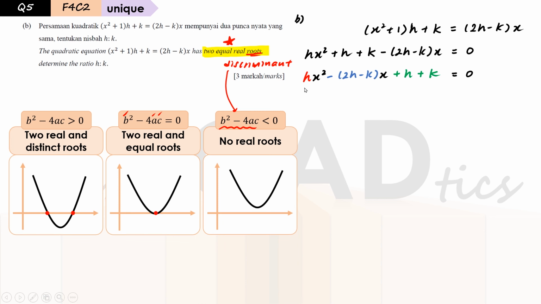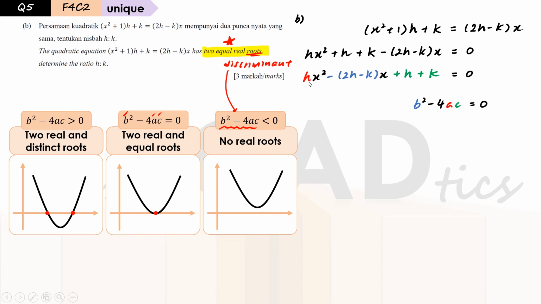Why I arrange it this way is because I want to find out the values of a, b, and c. Again, the value of a would be the coefficient of x squared, which is h. B will be the coefficient of x, which is this one. And c will be the values that do not have x.